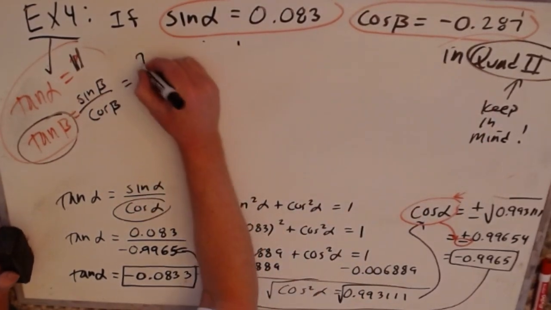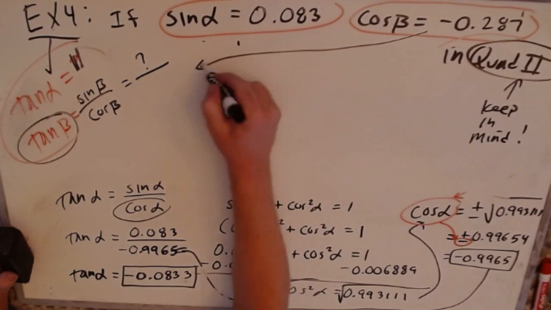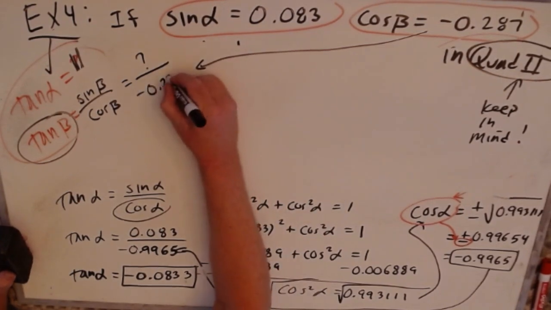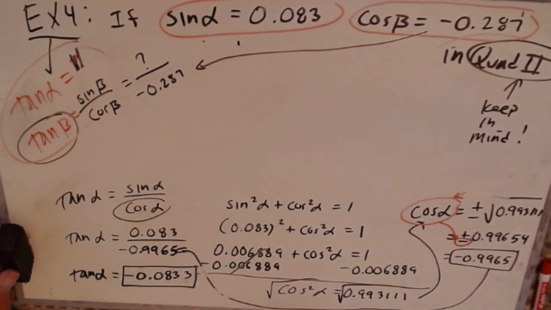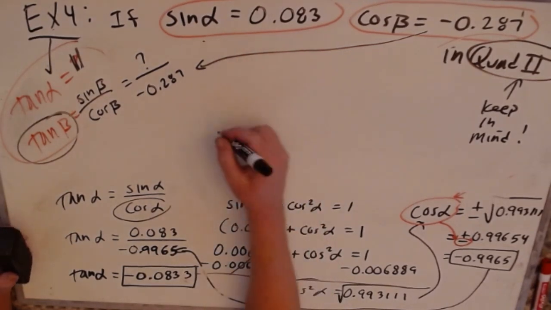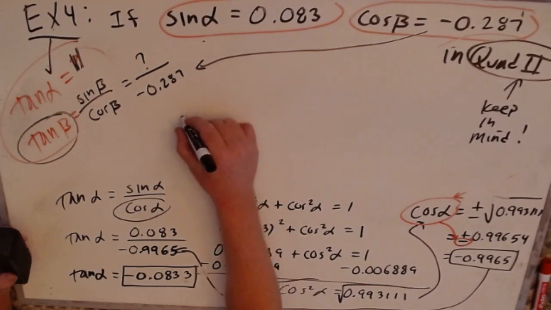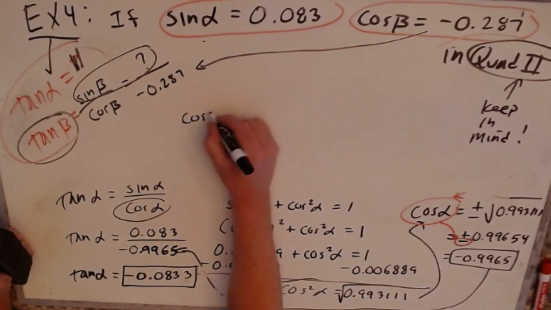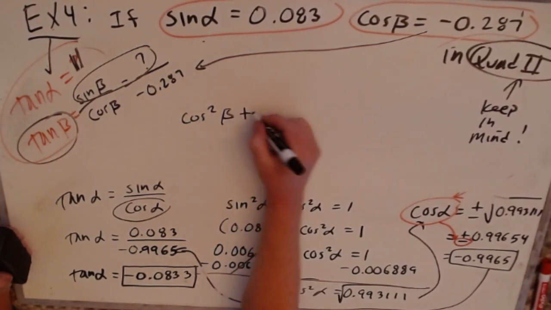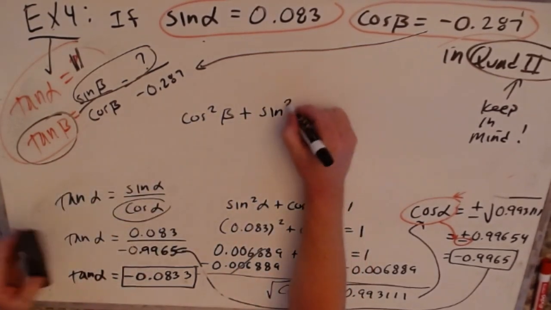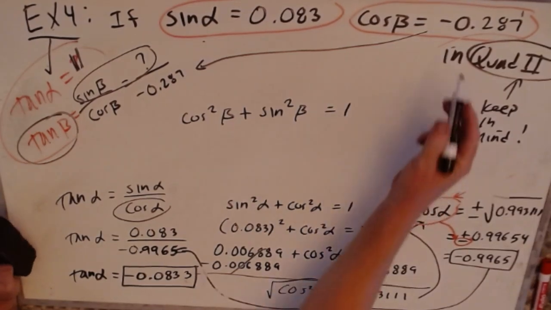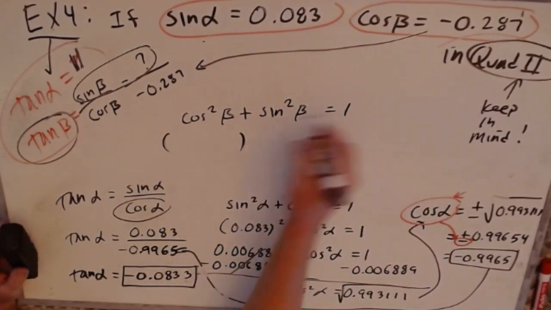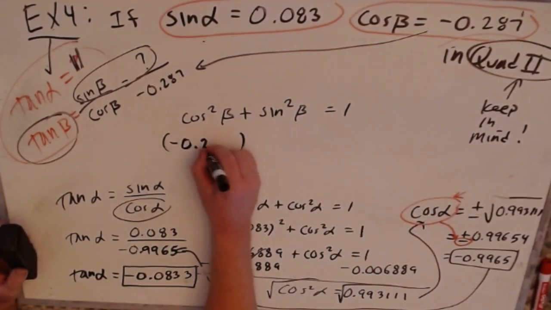I have cosine beta, but I don't have sine beta. So sine beta is what I'm looking for. So I've got cosine squared beta plus sine squared beta equals 1. I know what cosine is.